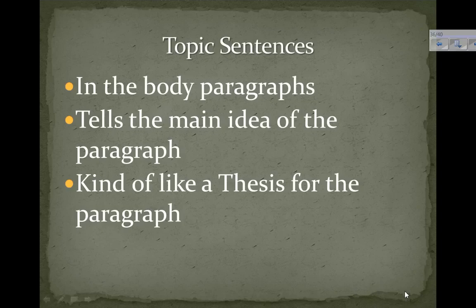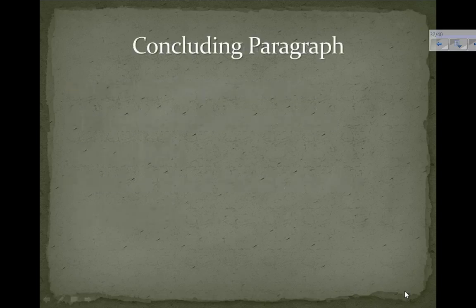And then when you give an example or a detail in your paragraph, you might say, expository essays are really great because you can provide information about the things that you care about. That might be my topic sentence. So it's sort of like a thesis, the main idea of the paragraph. Thesis, main idea of the essay; topic sentence, main idea of the paragraph. We'll go into more detail on those.